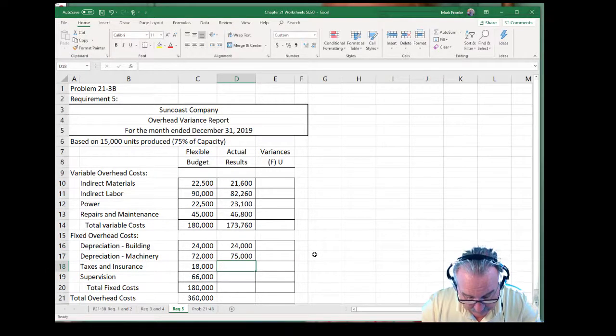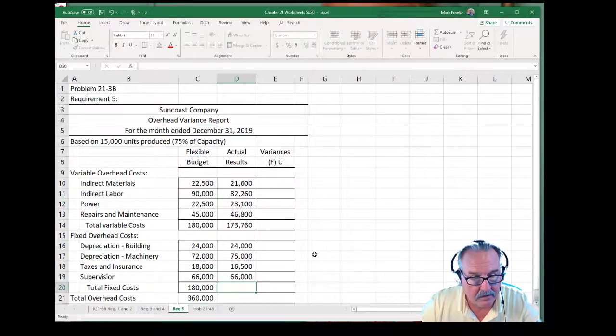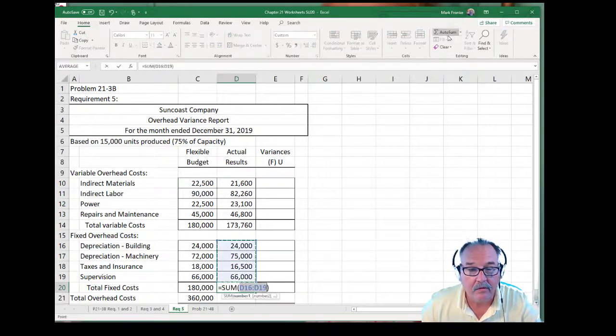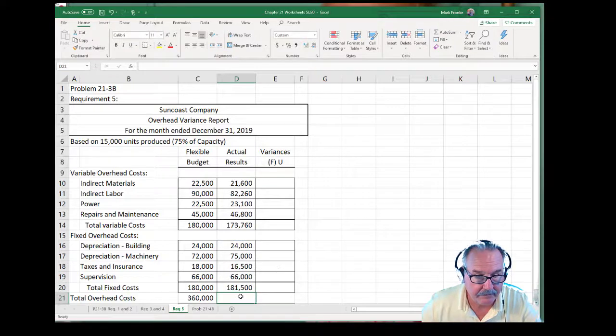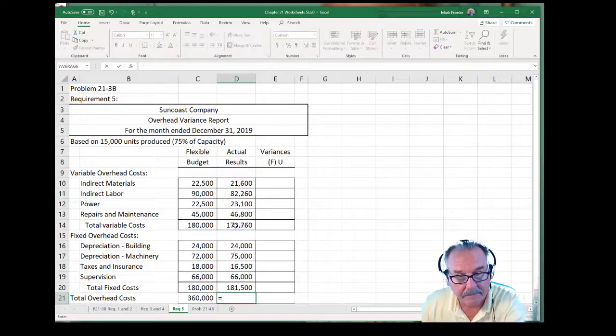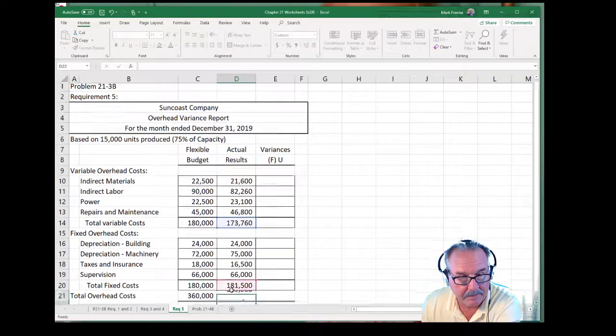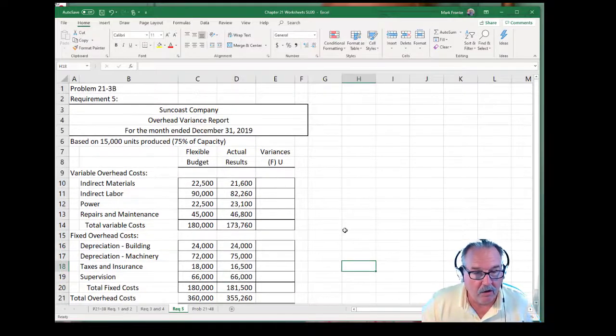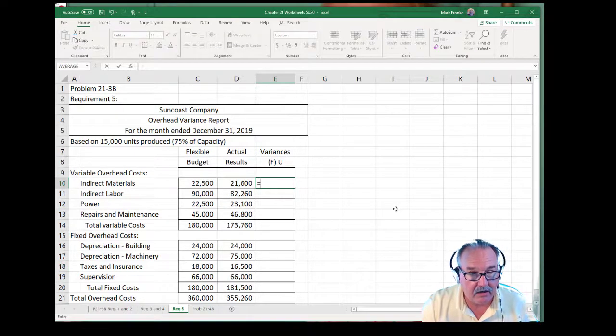For each one of these types of overhead costs, overall, we're under our flexible budget, and we can calculate these categories.